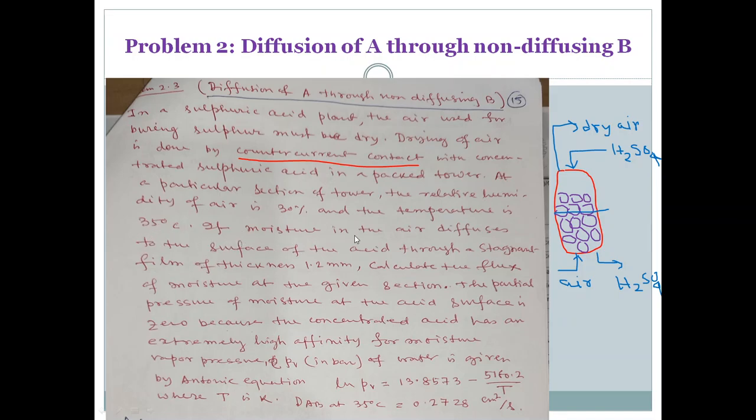If the moisture in the air diffuses to the surface of the acid through a stagnant film of thickness 1.2 millimeter.